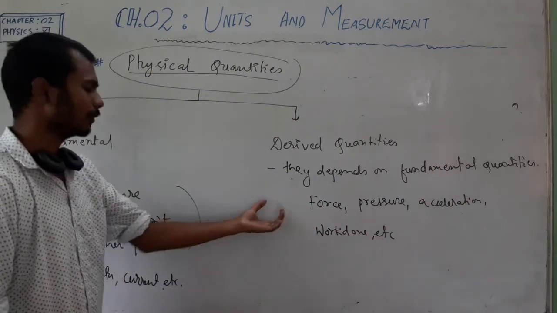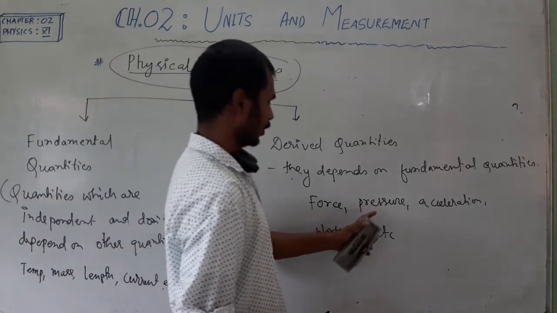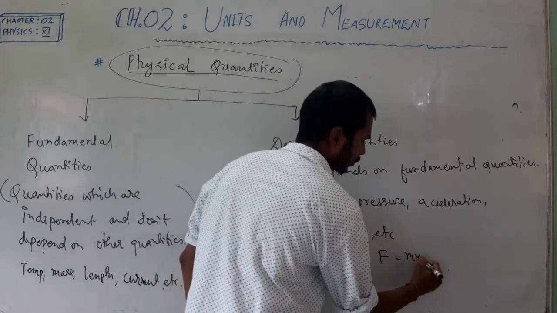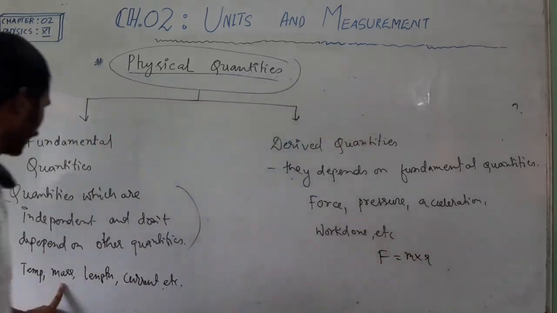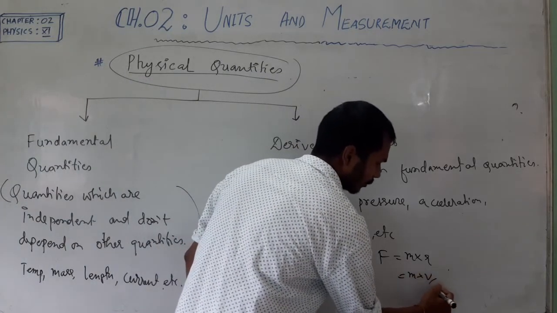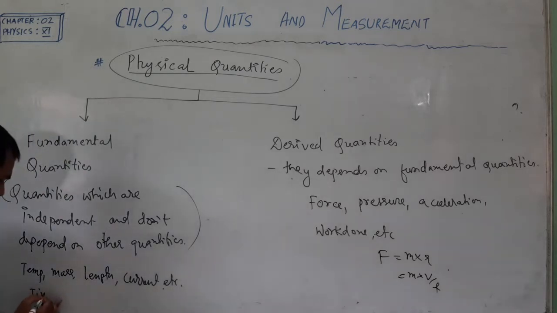They can be derived from fundamental quantities. Say for example, force. So we can write force is equal to mass into acceleration. Mass is fundamental quantity. Acceleration can be written as velocity by time. Time is also fundamental quantity.